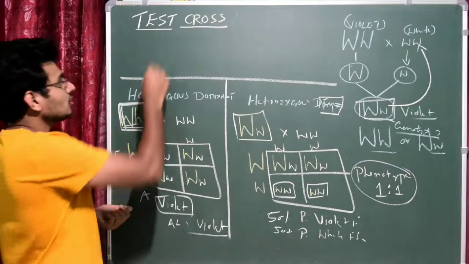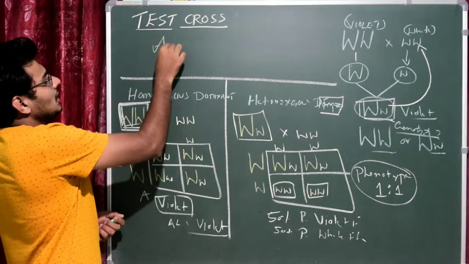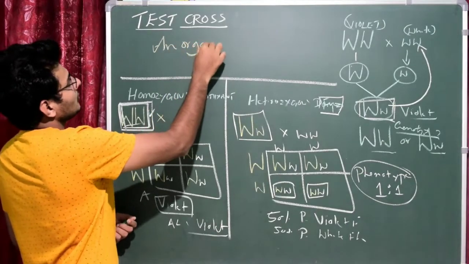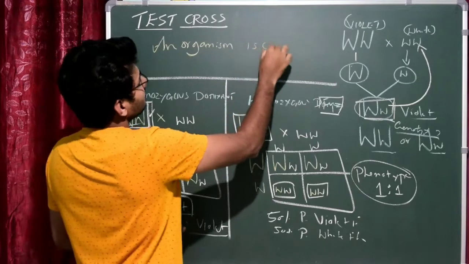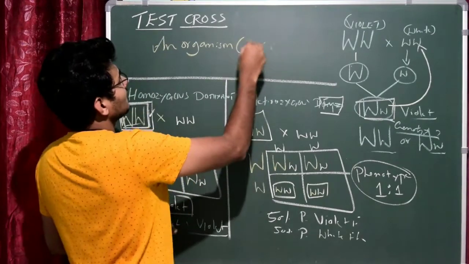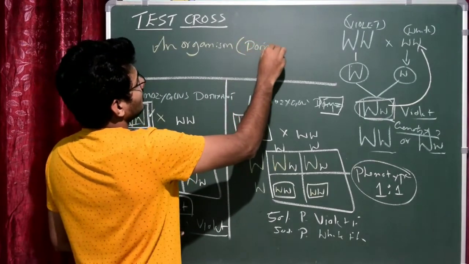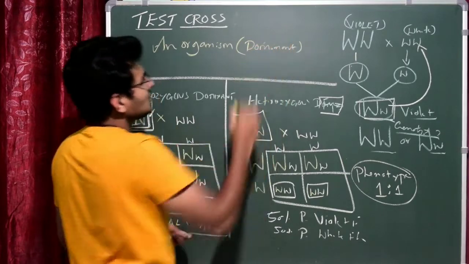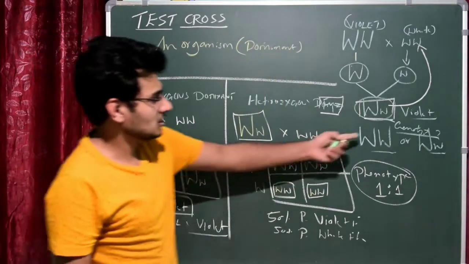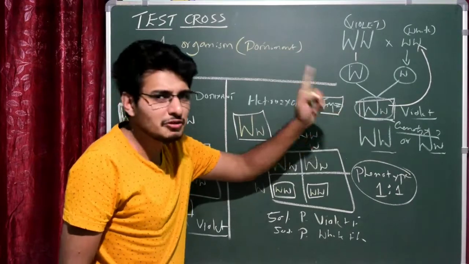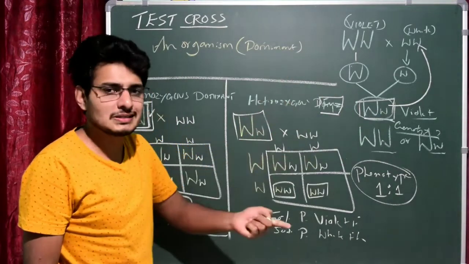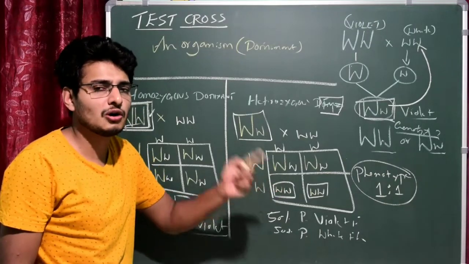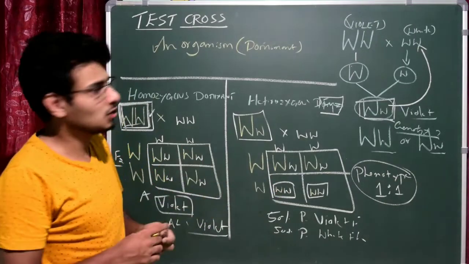So what is the definition of the test cross? Very simple. An organism, here we better write dominant. The organism which is dominant, obviously. We don't know the genotype, but we know the phenotype. That is, the color is violet, the violet flower. Obviously, it could be capital W capital W, or capital W small w. There are two possibilities.